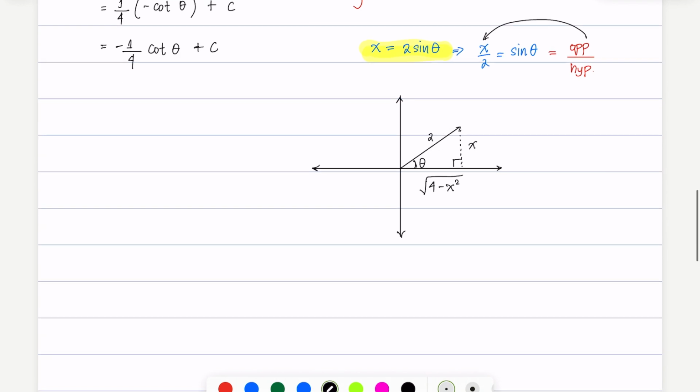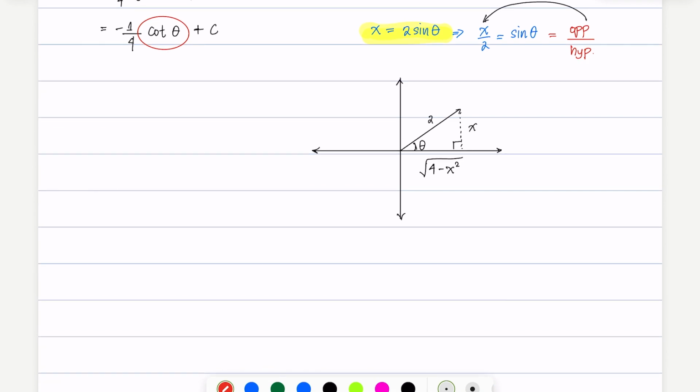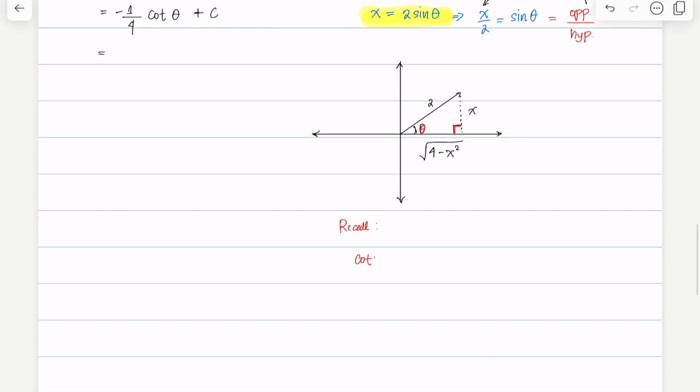Now, why I'm doing this, it's because we're going to re-express cotangent theta here. So let's do another little bit of recap from your class. Cotangent theta is what? I want you to recall that cotangent of theta is simply 1 over tangent of theta, right? And the mnemonic, if you can remember about tangent, is TOA, opposite over adjacent.